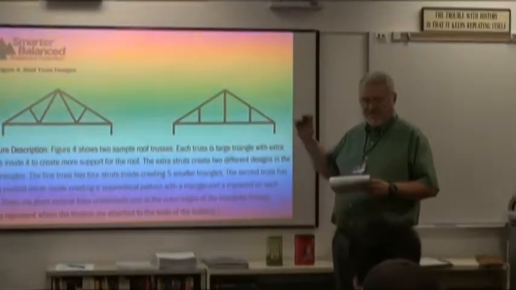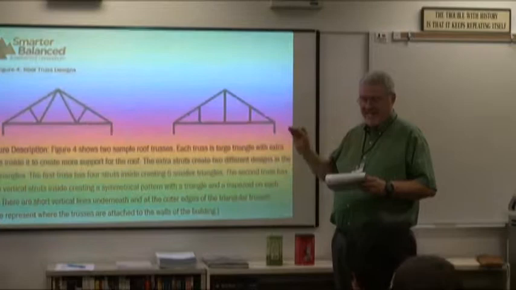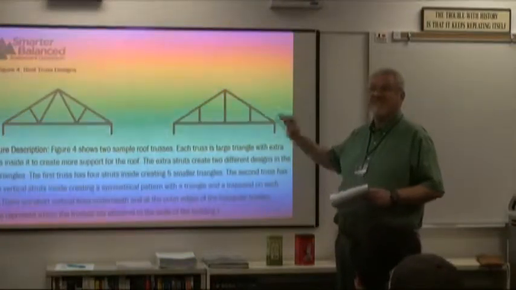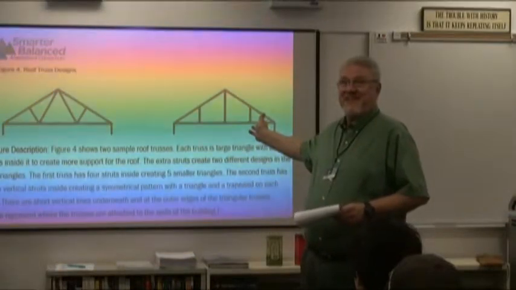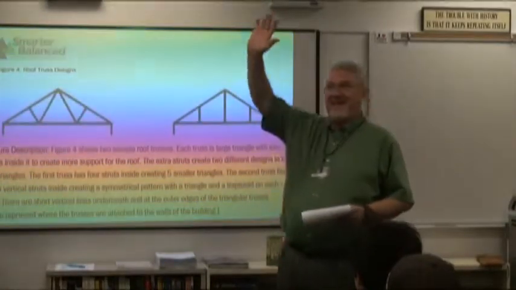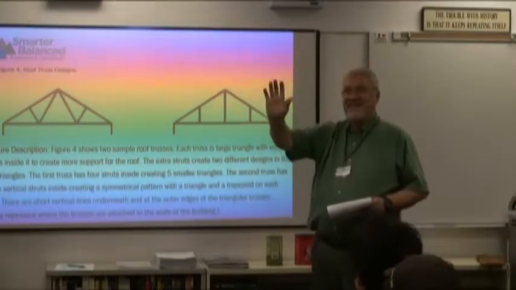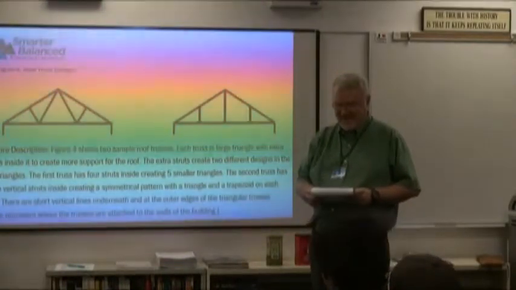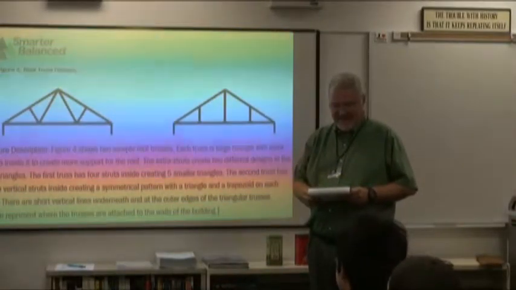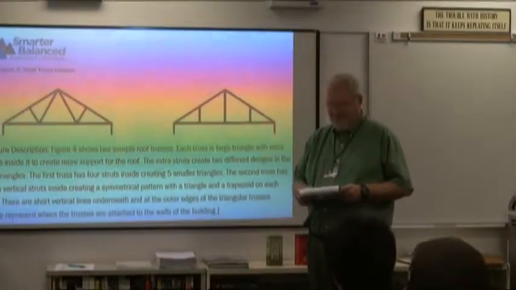Does anyone know the specific names of any of these roof truss designs? And if you do, you must have a dad who's a contractor. Anybody? Are you thinking? Are you okay? It's okay. I'm okay if you don't know.